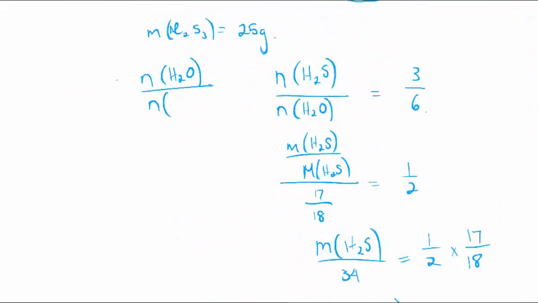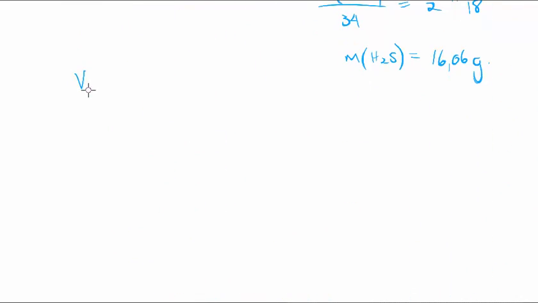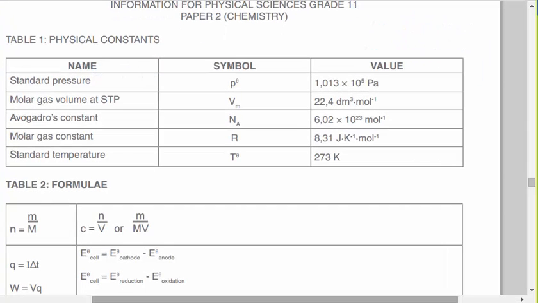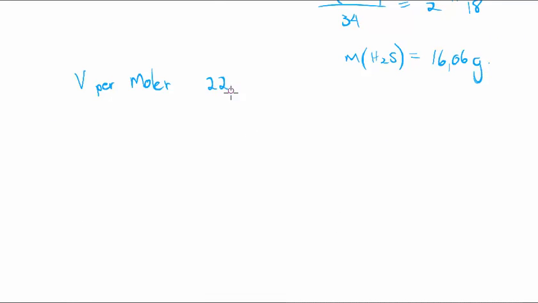We know that the volume per mole, in other words, the molar volume, is 22.4. What's the formula for calculating volume? No, don't go to formulas. We're telling you, every mole of gas takes this much space.